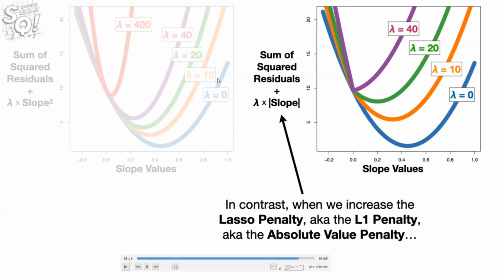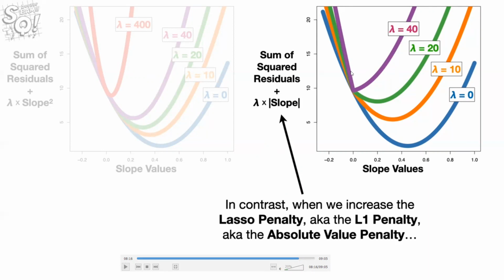But if we had used Lasso regression, you'll get 0 for lambda equal to 40. Here, for lambda equal to 40, it was saying that your solution should be m equal to 0.2, or that the line should have a slope of 0.2.